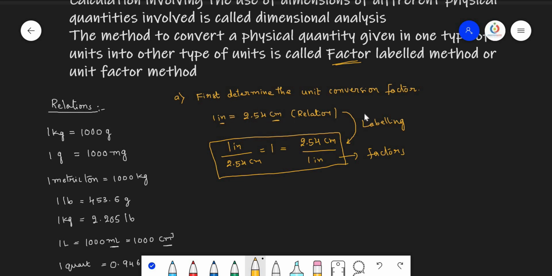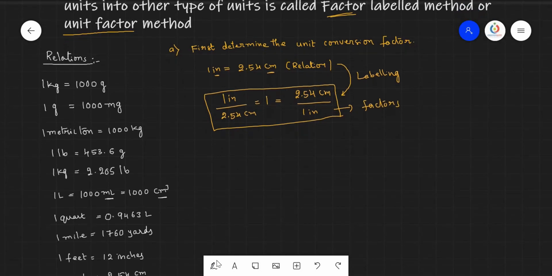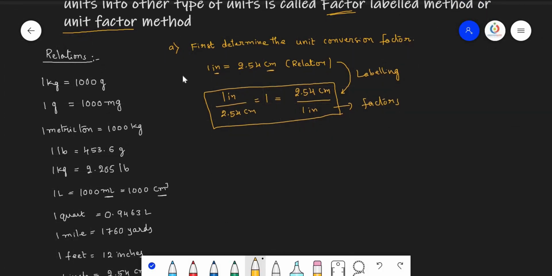Whatever relations are given, we write them in terms of factors: one time you write the left hand side term in the numerator and the second time in the denominator, vice versa. So labeling a relation into a factor is called the factor label method, or simply the unit factor method. Let us take another example here. Let us consider this one as example number 1.